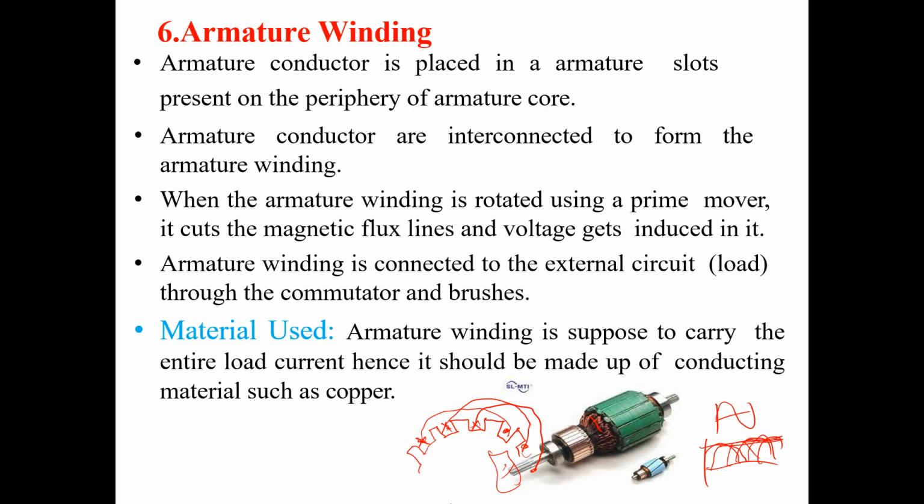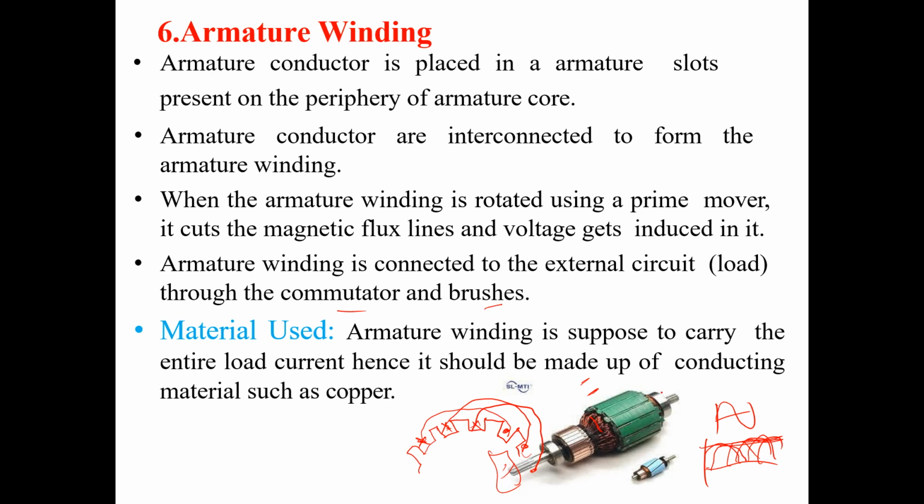But in case of a motor, what happens? We provide external supply to this winding, current flows through this winding, and this winding interacts with the permanent magnet. According to Lorentz law, force is induced in that conductor, and that force is responsible for the rotation of a motor. And the armature winding is connected to the external circuit through a commutator and brushes.